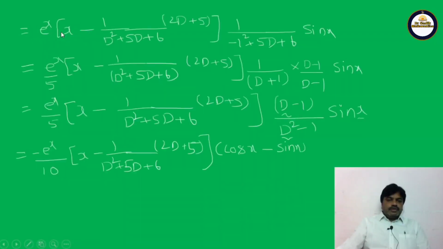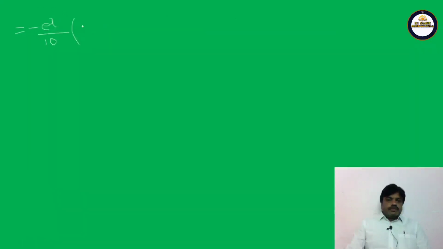So that is equal to minus e power x by 10. We have x here, x into cos x minus sin x, bracket close.